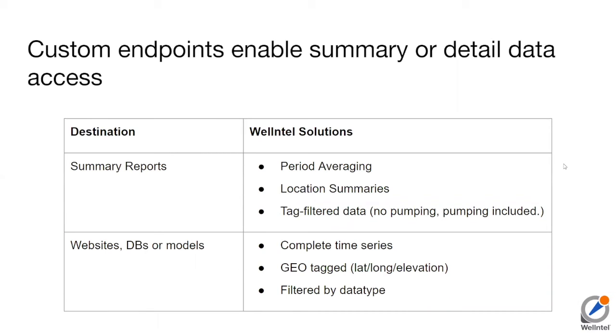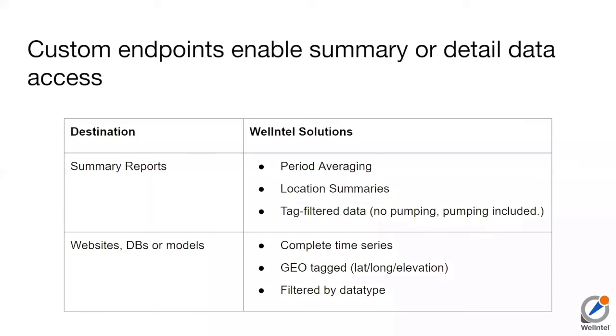When it's time to write that code, we're going to provide guidance around creating a proper query to the proper endpoint to either get summary reports like period average data, location summaries, 20% of all the wells in Wisconsin are up, tagged filtered data information to not include pumping information, for example, or we can go at it with a complete time series requirement, just grab everything from the locations that are needed and plop it into other databases or websites or models.